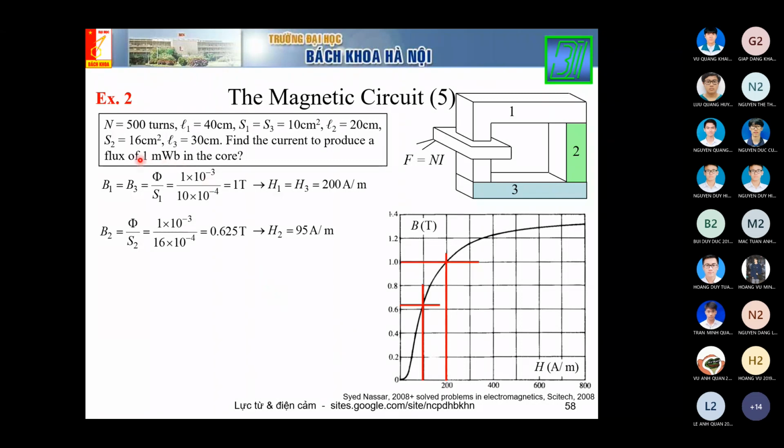The question here is to find the current, so we can rely on Ampere's law to find the current. The right side here is the number of turns multiplied by the current. The left side here is the line integral along the average length of the core. And like I told you, because we suppose that H here is constant, the left side can be broken down into 3 terms along the 3 sections, number 1, number 2, and number 3.